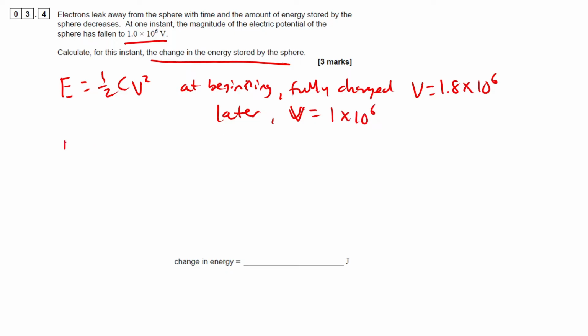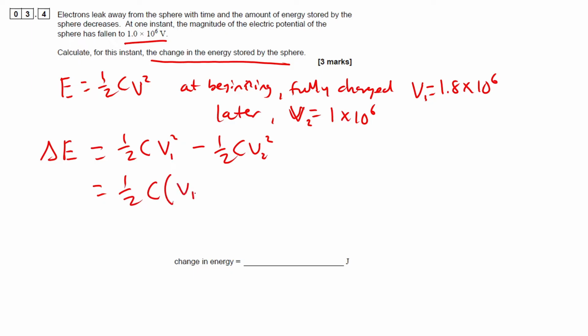So I can work out the energy before and after and then find the difference. That's a half C V1 squared, minus a half C V2 squared. To make this simpler, half C, V1 squared minus V2 squared. As mentioned, the capacitance we worked out previously, 1.1 times 10 to the minus 11.